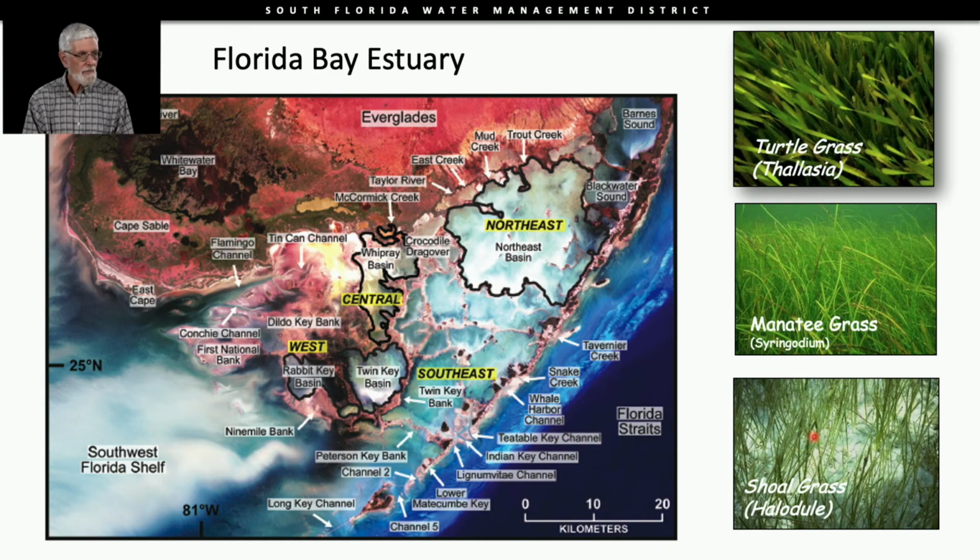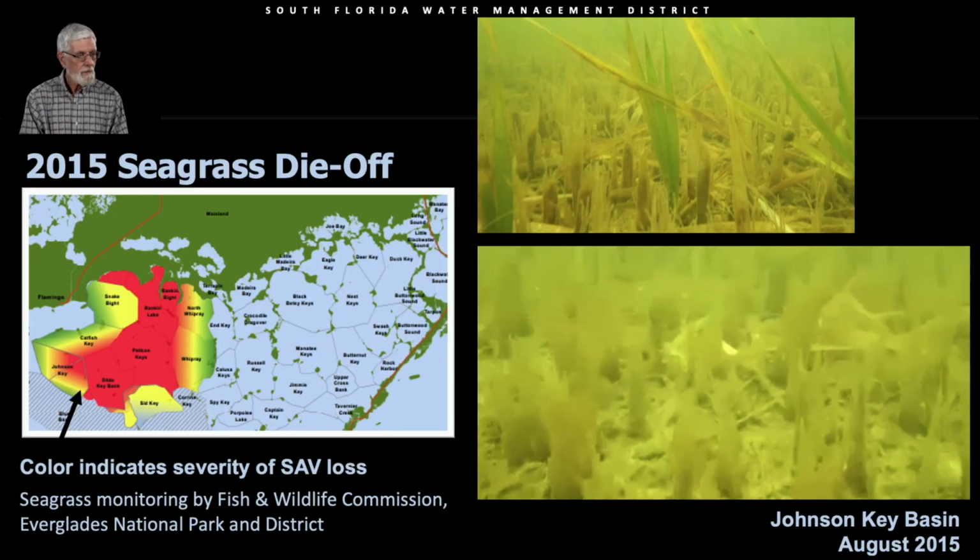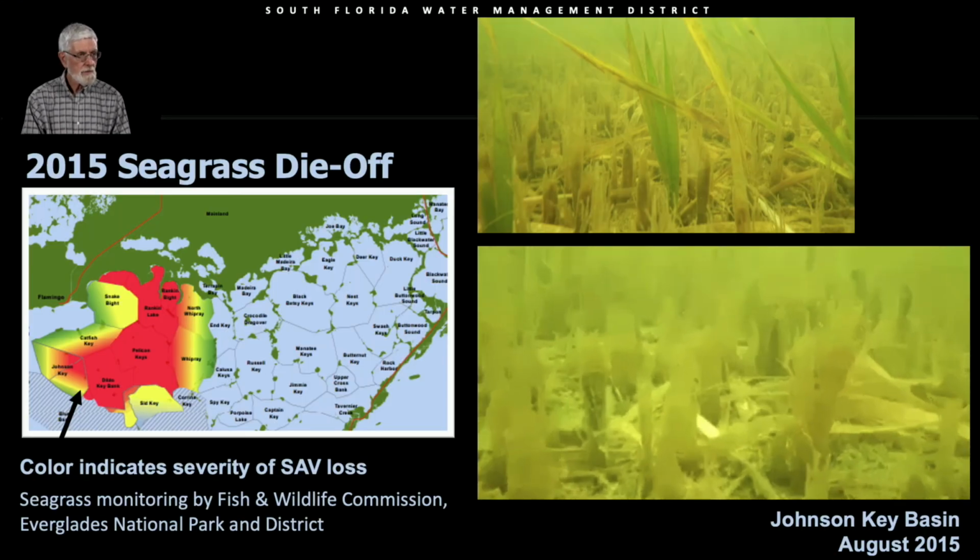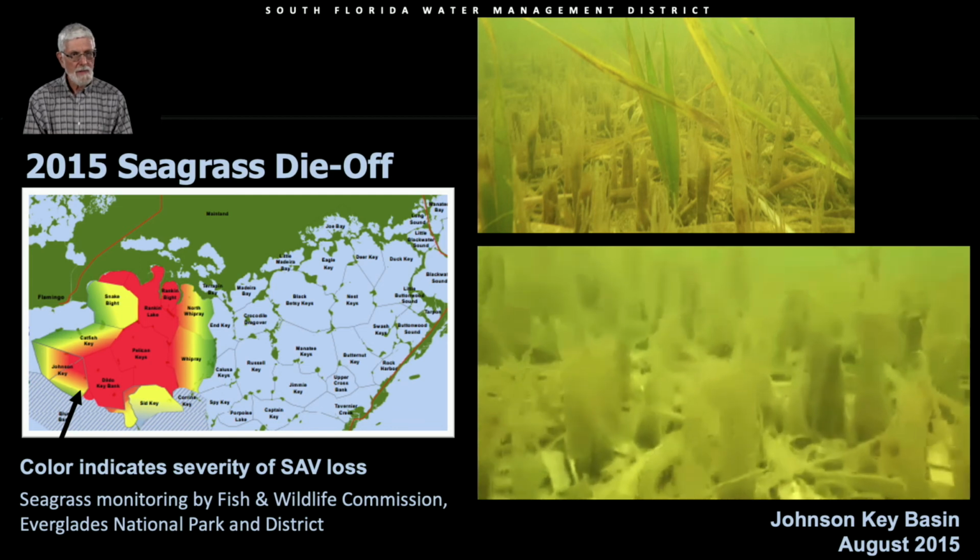Most of that grass can be found in the central and west part of Florida Bay. And the issue here in Florida Bay is, of course, seagrass die-off. And in 2015, the seagrass die-off created a large political concern, an economic concern, an ecological concern.